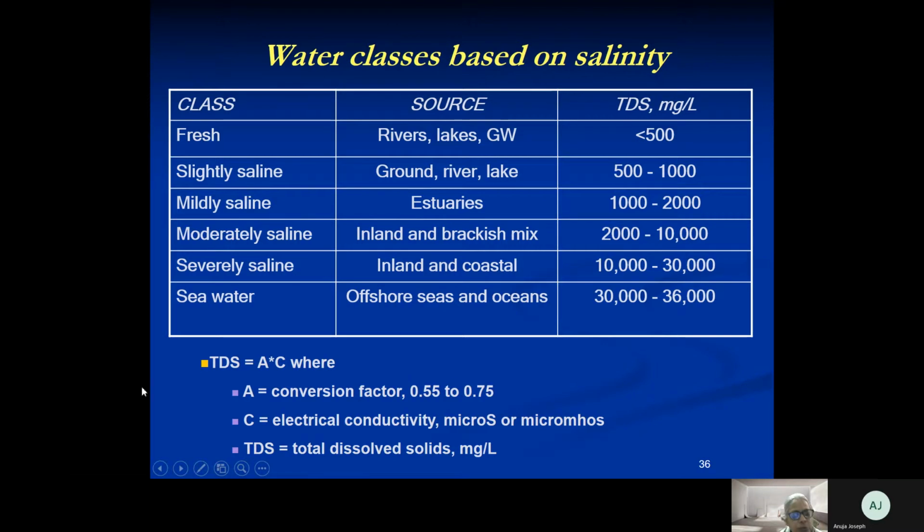Now, if I were to ask you, where is the electrical conductivity? What is the difference between TDS and electrical conductivity? TDS includes organic compounds. Electrical conductivity, on the other hand, does not include organic compounds. It includes only ions, because conductivity is due to ions only. It is not due to organic compounds.